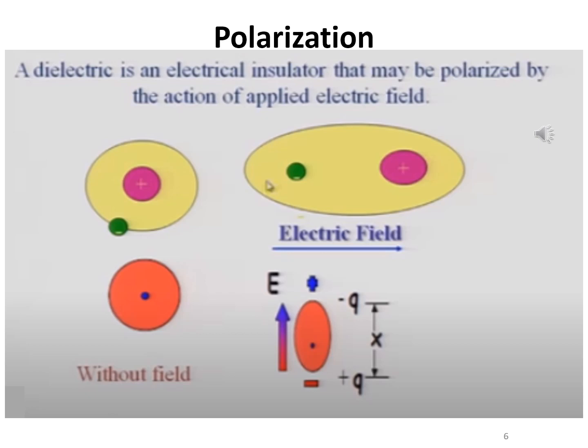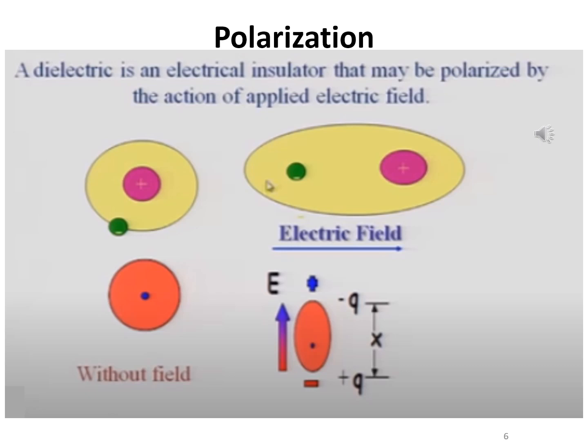We can also say that when the molecules of a dielectric are placed in an electric field, their negatively charged electrons separate slightly from their positively charged cores. This separation is referred to as polarization, and the molecules acquire an electric dipole moment.